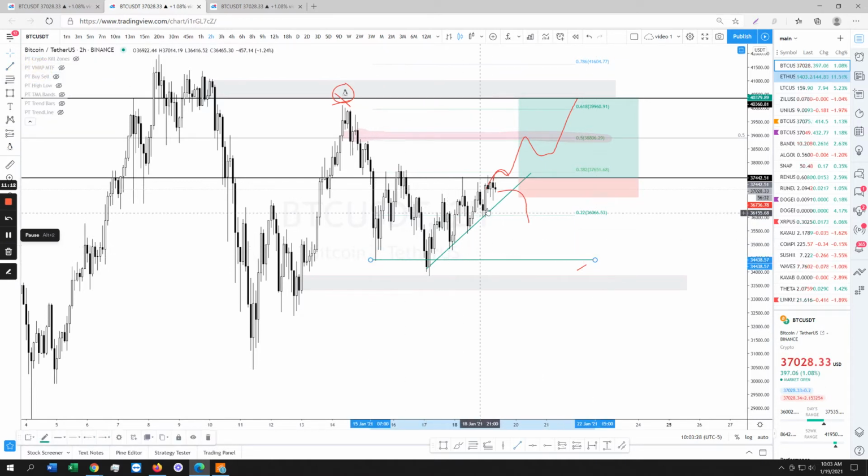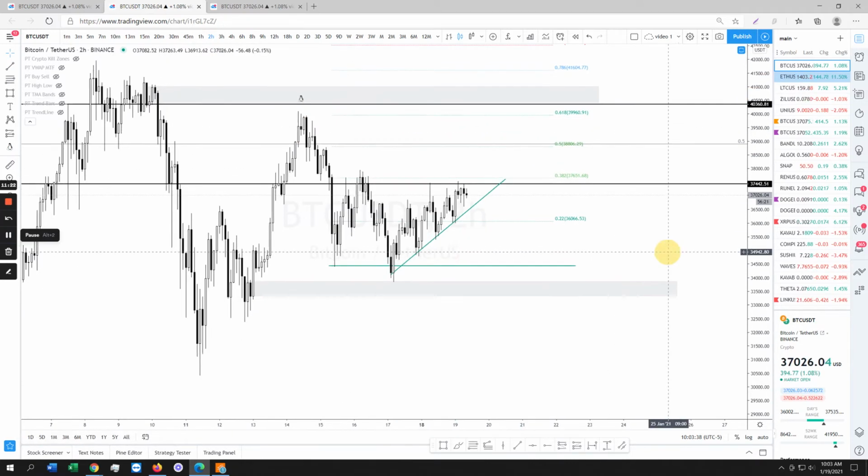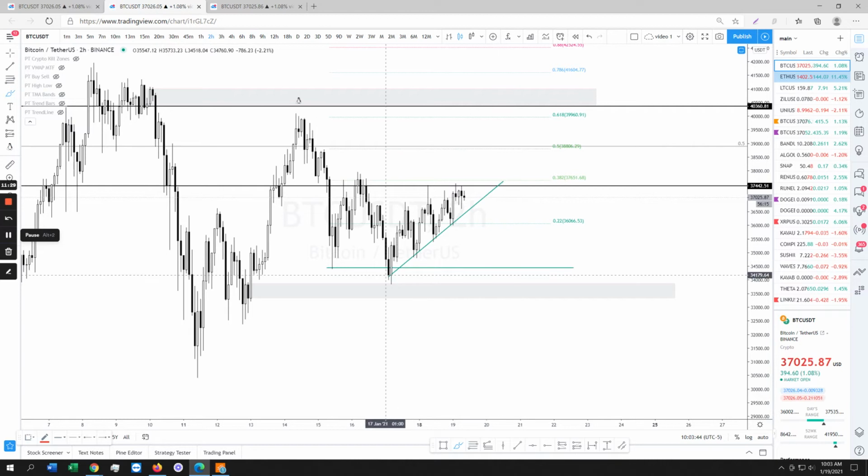If this thing rolls over right now, for whatever reason, let's just say it does. Something along the lines of, hey, I want to sweep this, go back to tap this liquidity, and then play within this range.